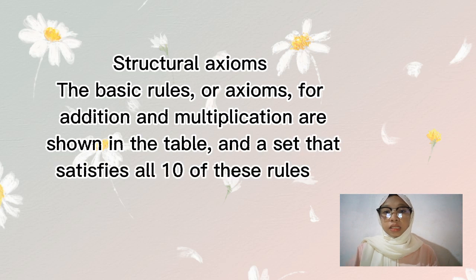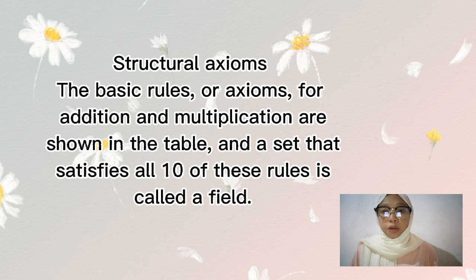Next are the structural axioms. The basic rules, or axioms, for addition and multiplication are shown in the table, and a set that satisfies all 10 of these rules is called a field.